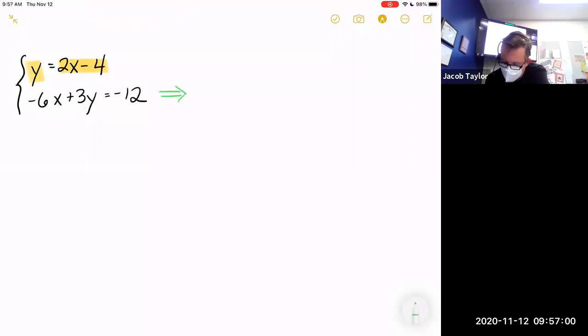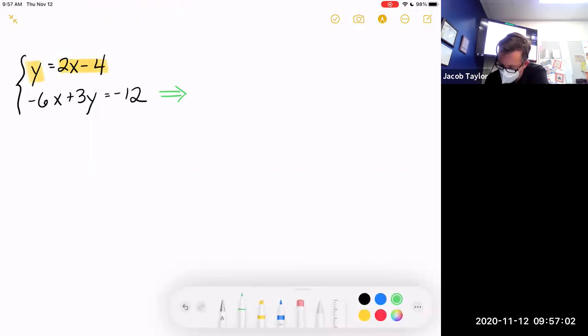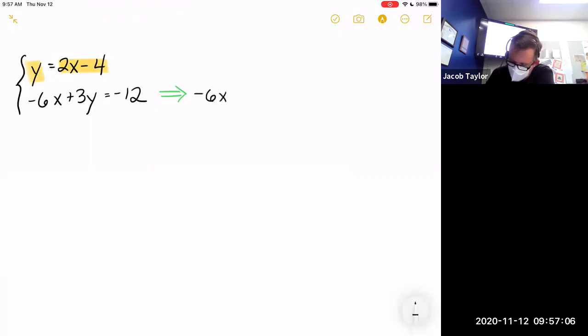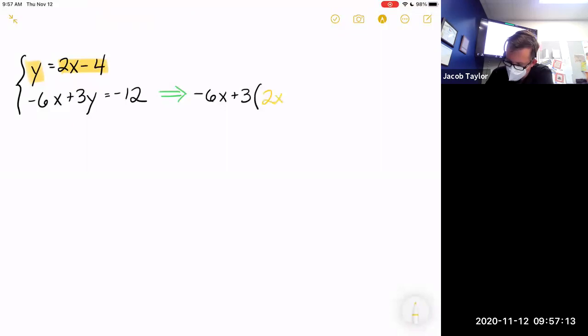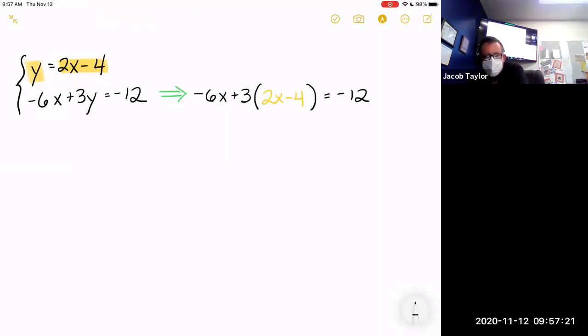And I'm going to replace the y in that second equation with 2x minus 4. So I'm going to do negative 6x plus 3 times 2x minus 4 equals negative 12.